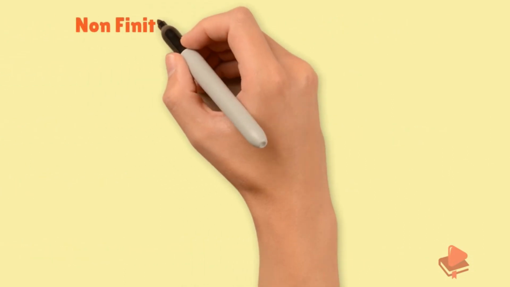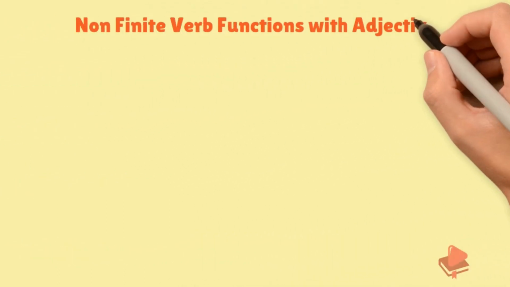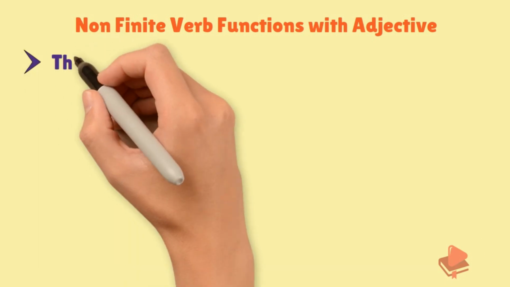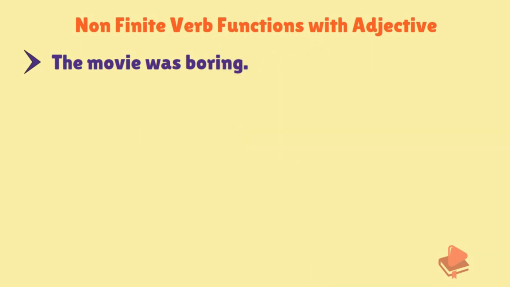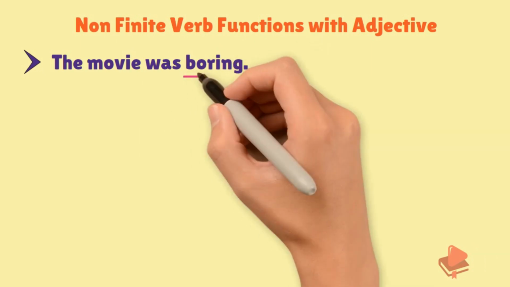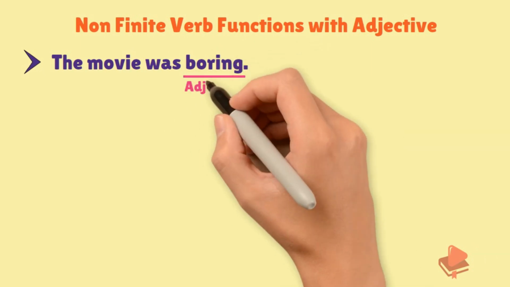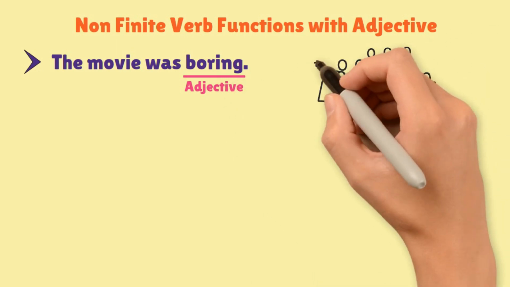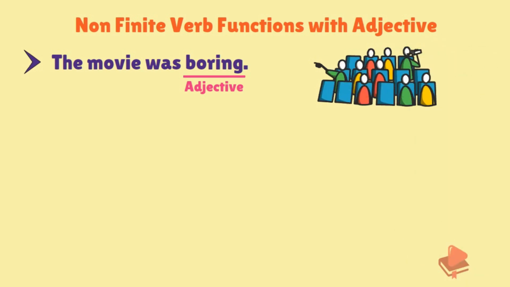Let's understand how it functions with adjective. Here is an example. The movie was boring. Here, boring functions as an adjective in the sentence as it is describing the movie. So, boring is an adjective.